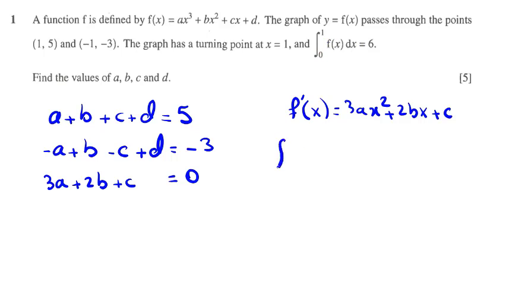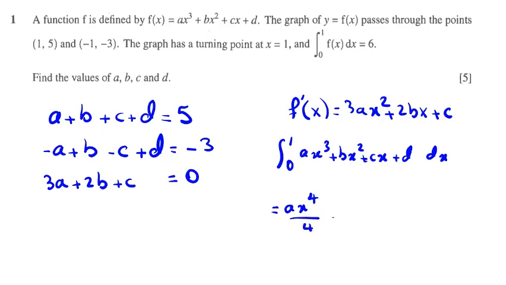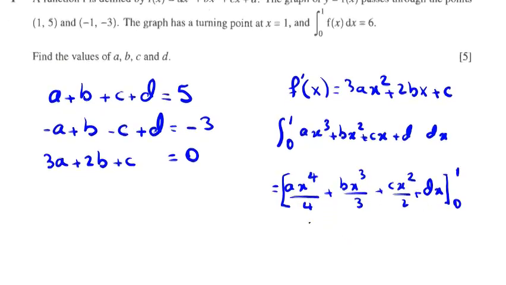So we consider the integral of ax cubed plus bx squared plus cx plus d dx, which equals ax to the 4 over 4 plus bx cubed over 3 plus cx squared over 2 plus dx, evaluated from 0 to 1. For 0 it will be 0, and for 1 it will be a over 4 plus b over 3 plus c over 2 plus d. It equals 6.